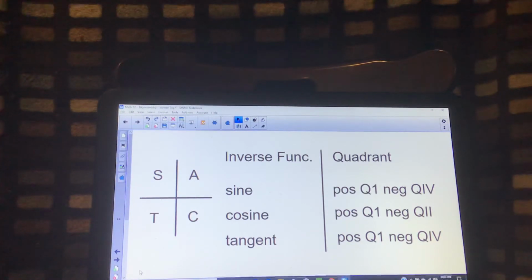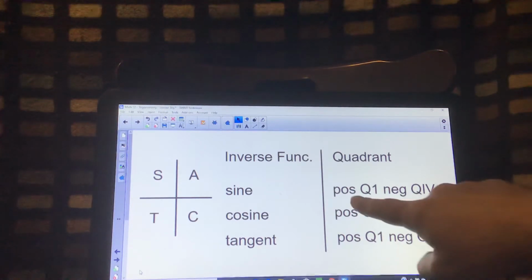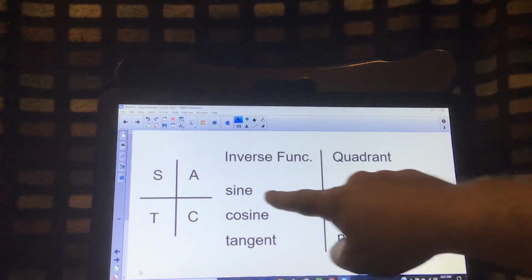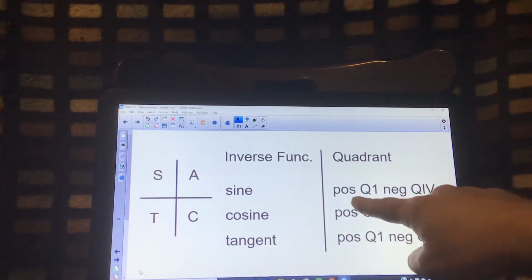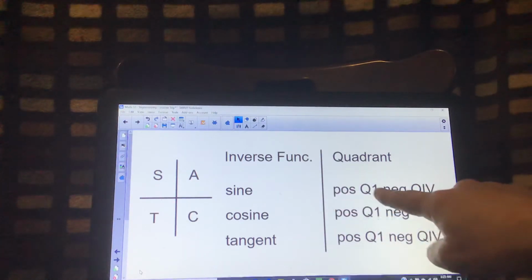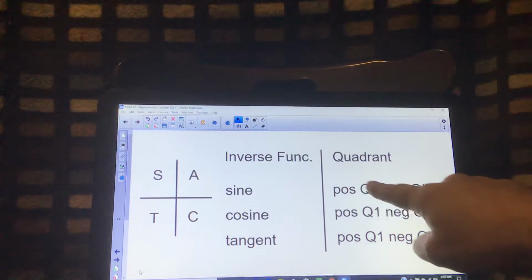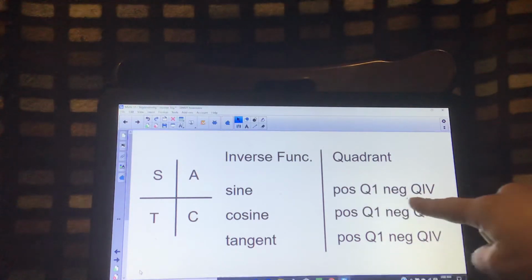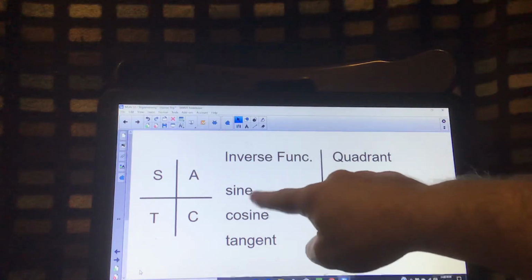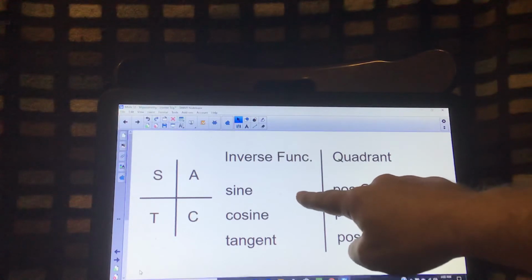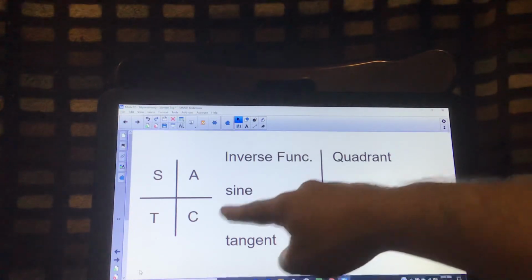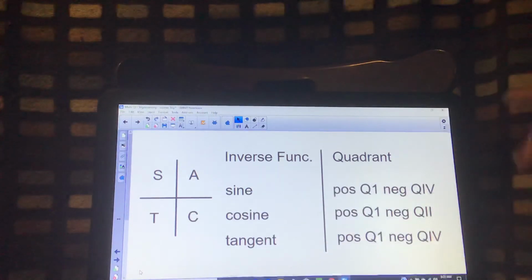It comes from the stack diagram. So basically, if it's a sine inverse, your answer is going to be a positive angle off quadrant 1. If your sine inverse is of something negative, it means that your angle has to be somewhere under the x-axis to make a negative height.